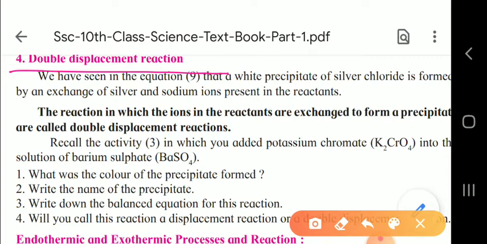We can see that white precipitate of silver chloride is formed by the exchange of silver and sodium ions which are present in the reaction. The reaction in which the ions in the reactants are exchanged to form a precipitate is called double displacement reaction.